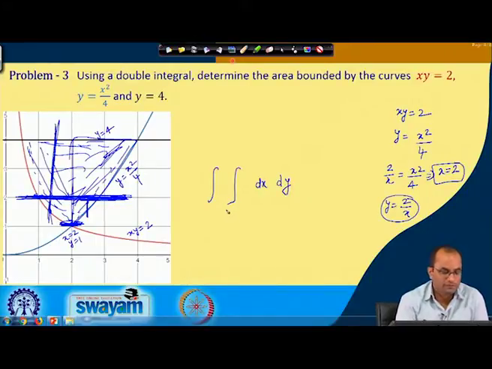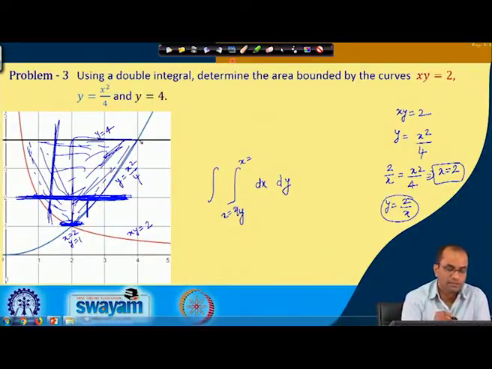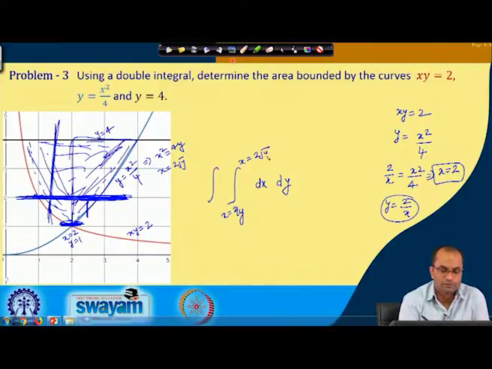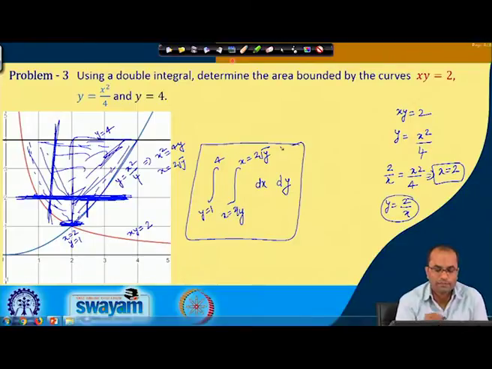For the inner one we are moving from xy = 2, that means x is 2/y, and the upper boundary is given by x² = 4y, that means x is 2√y. For y we will go from 1 to 4. So, that is the area bounded by these three curves.